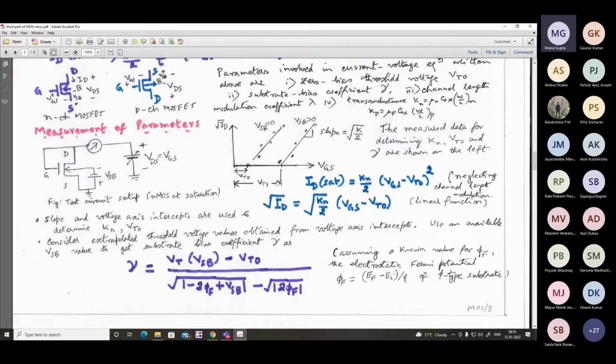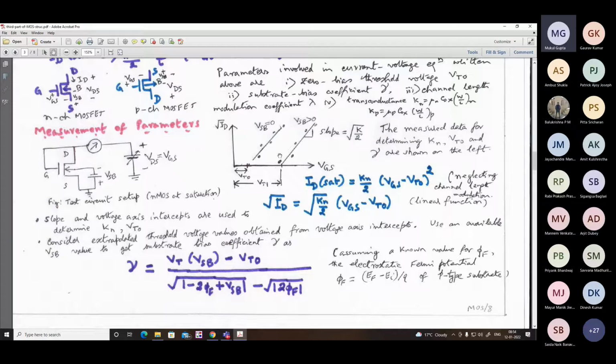When exactly VGS equals VT0, you get zero current. However hard you try, you will not get any measurable current when the channel just starts to appear. You have to bring VGS somewhat above threshold voltage so that measurable current can flow. So these points are shown somewhat above the voltage axis.